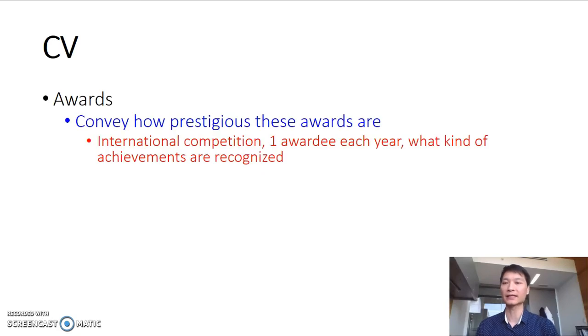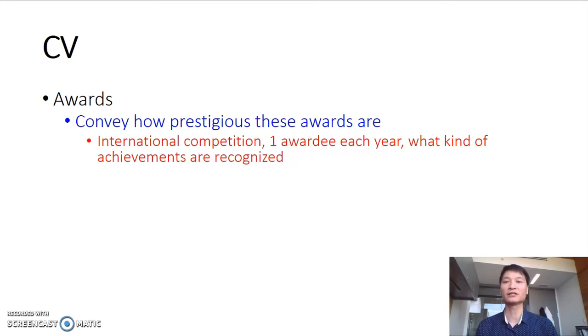And the next item is awards. So it's not just to list the awards, but rather to convey how prestigious these awards are. So for example, is it an international or national or just provincial or local competition? And how many awardees and what's the success rate each year?